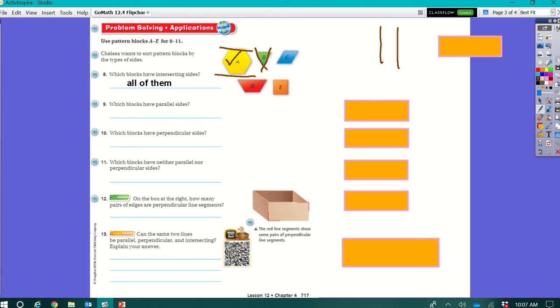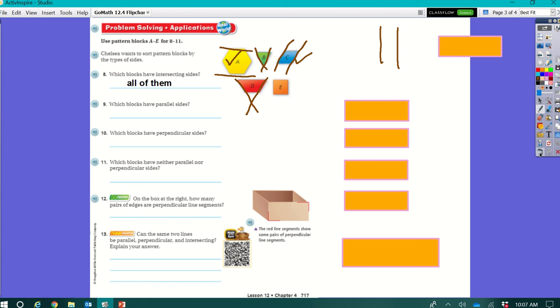So now I'm going to look at C. I can pick the top and bottom or the sides. I'm going to pick the sides, and if I were to continue those lines, they would not cross. So C has parallel sides. D, if I look at the 2 sides on the ends, the left and right side, I can see that if I continue them, they're going to actually cross.